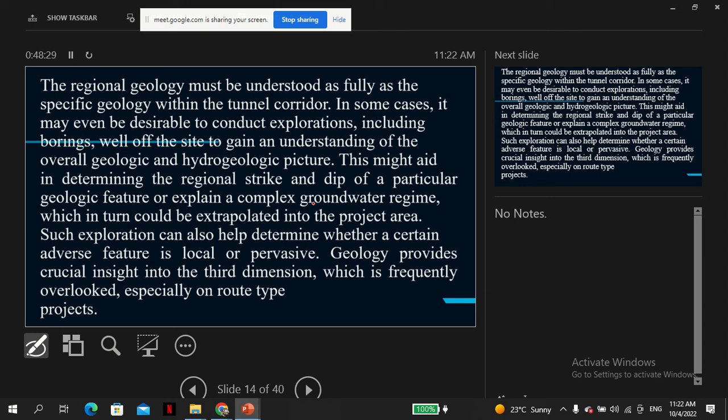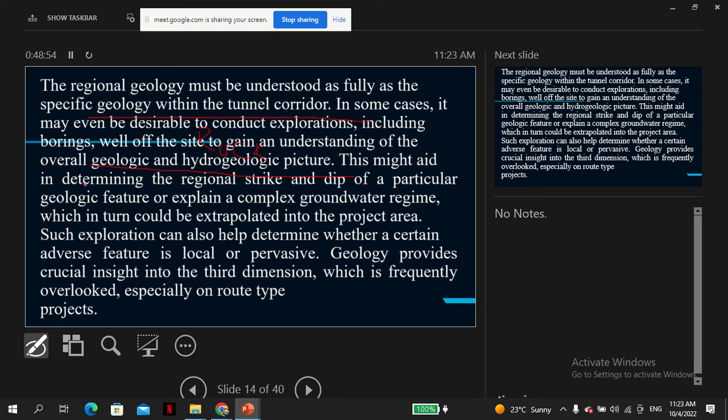For example, say you have stratification, like I've said, and then there is some layer of rock, and first you need to make sure that the rock is continuous or not.